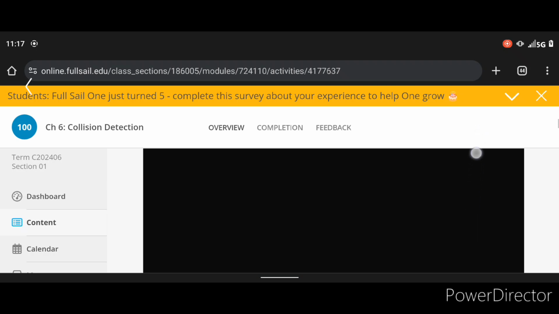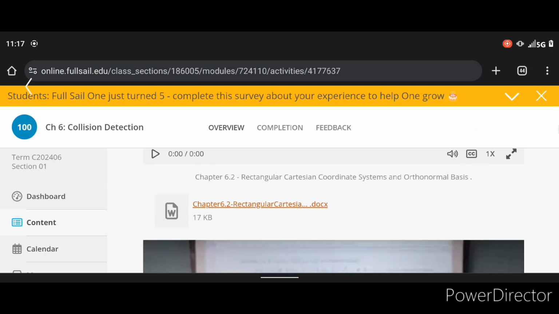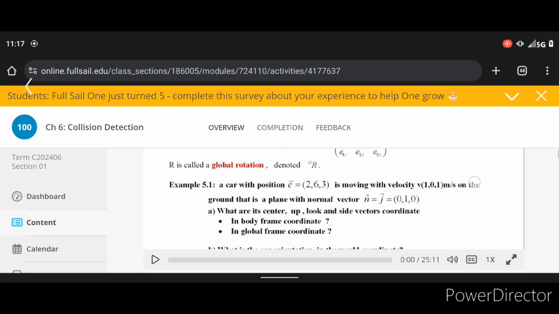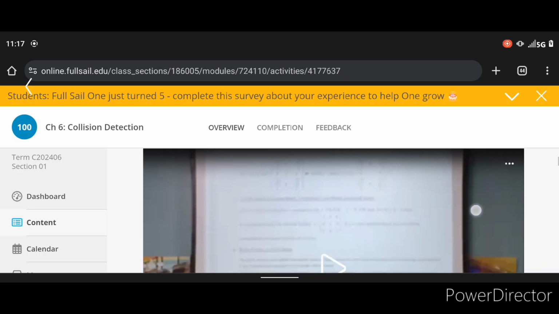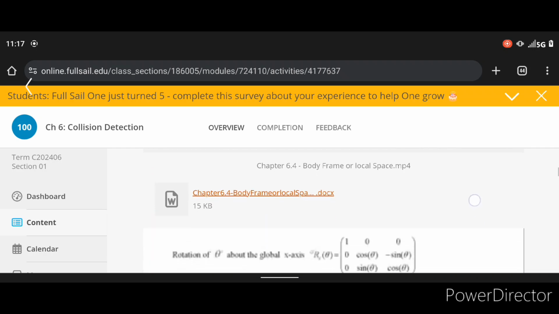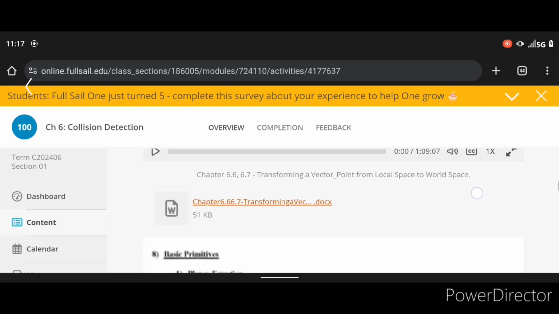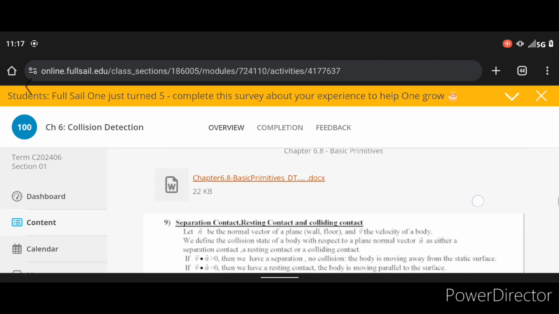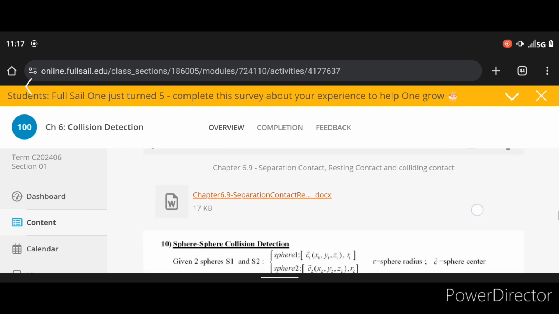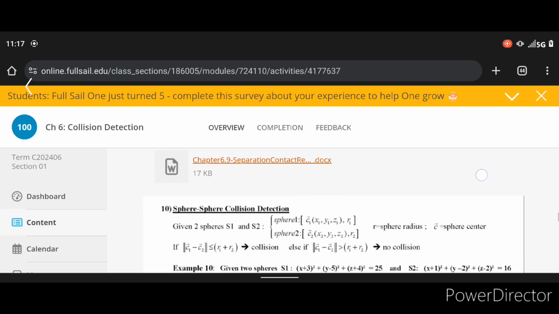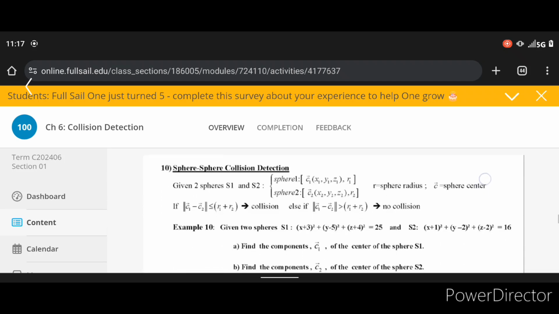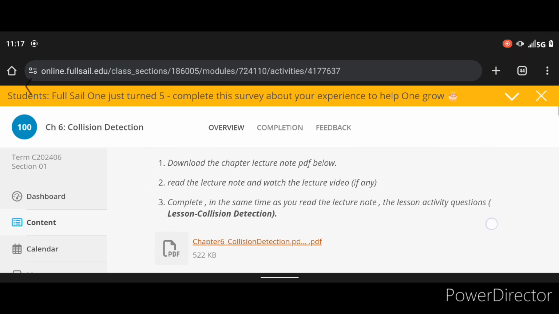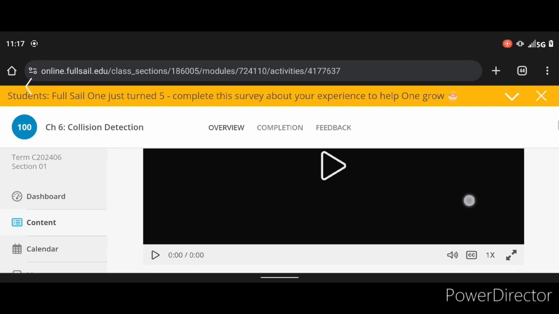One of the first things it went over was rectangular Cartesian coordinate systems and orthonormal basis, and then world space or generalized coordinate systems in a frame, and then rigid body orientation, global rotation, and local rotation, body frame and/or local space, and knowing how to transform a vector point from a local space to a world space.